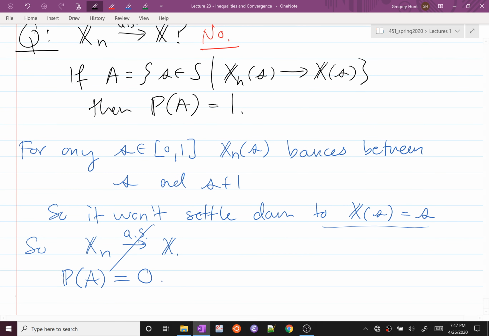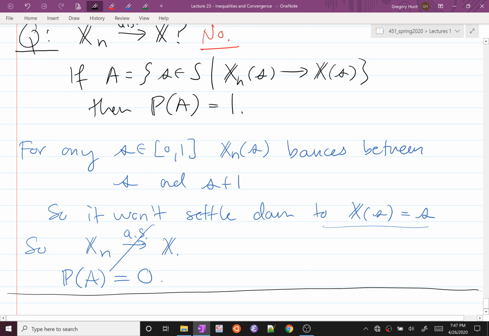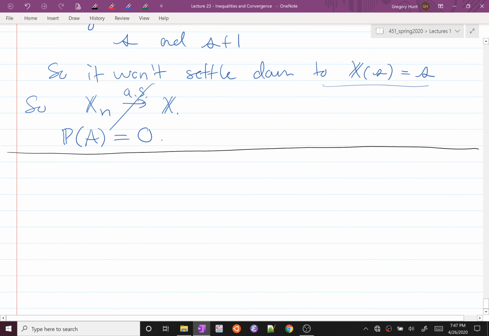Now, it's a fairly contrived example. You can see it's a very weird function we've chosen. But in this example, we saw that it converged in probability, but did not converge almost surely. We know if it had converged almost surely, it has to converge in probability, but the other way is not true. So the converse is not true.